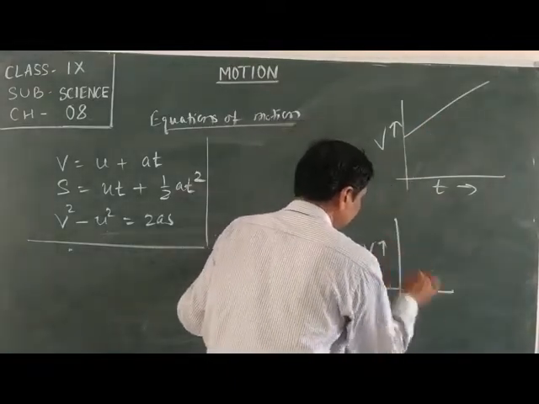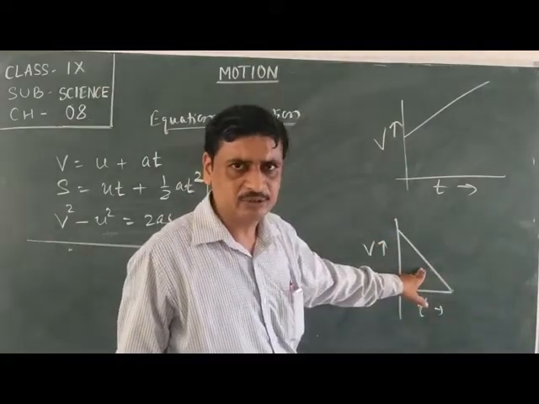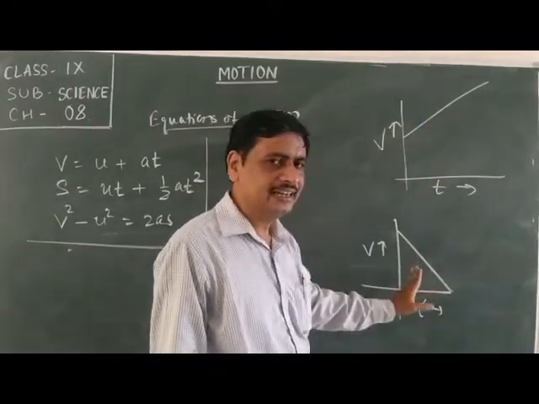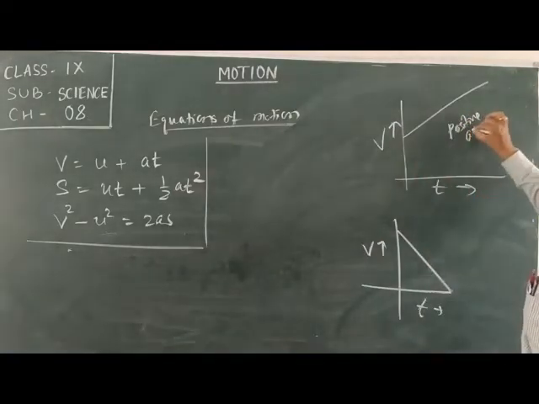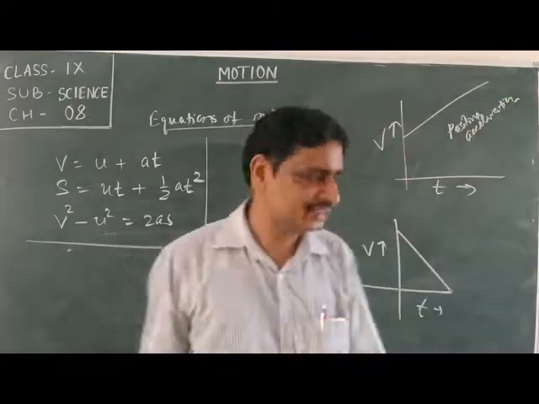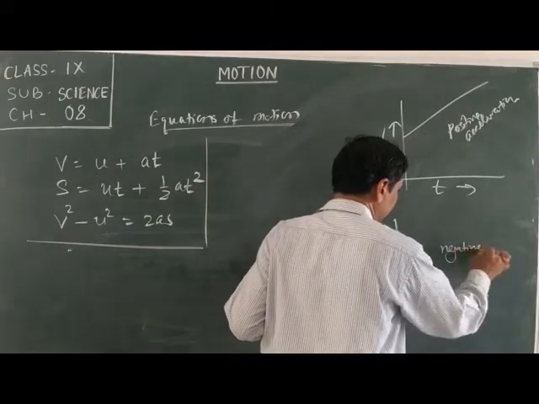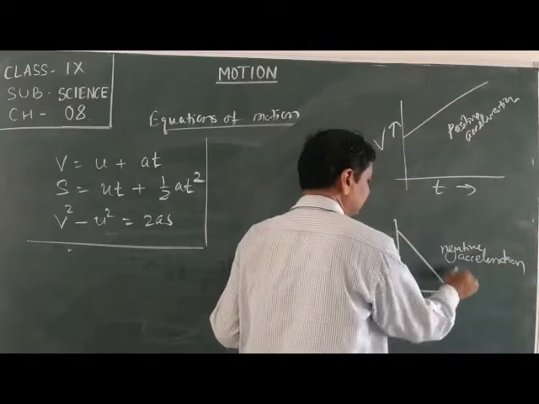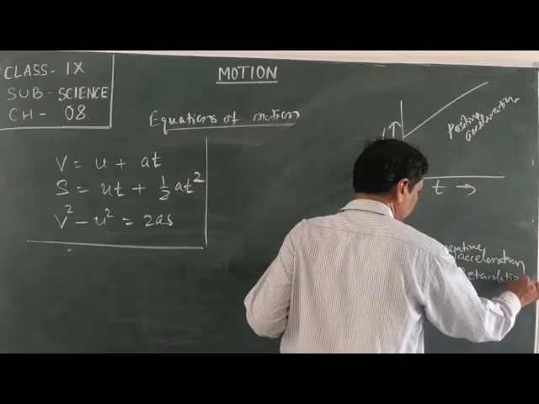It is velocity, it is time. If it is like this, it is negative acceleration. Positive acceleration, negative acceleration. This is positive acceleration, or simply it is called acceleration. This one is negative acceleration. That is called retardation.